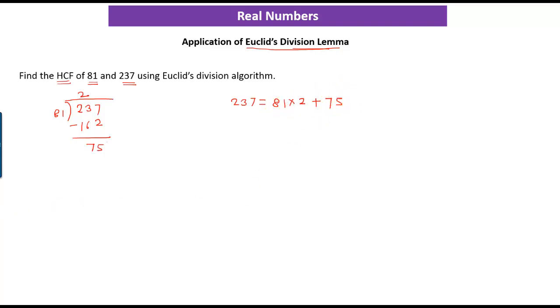If you divide 81 by 75, we will get 75 ones are 75, so the remainder is 6, and this can be written as 81 equal to 75 into 1 plus remainder 6. Still here we have not got remainder as 0.